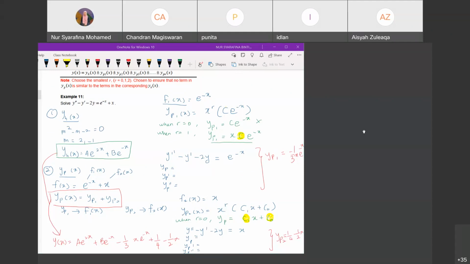Okay, let's try to solve the exercise here.